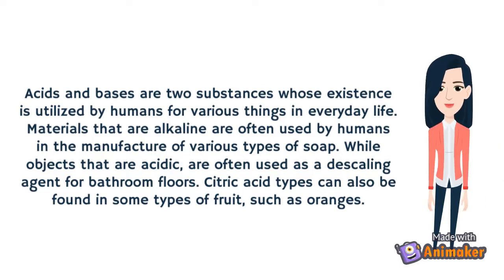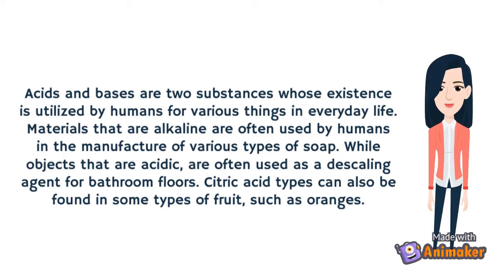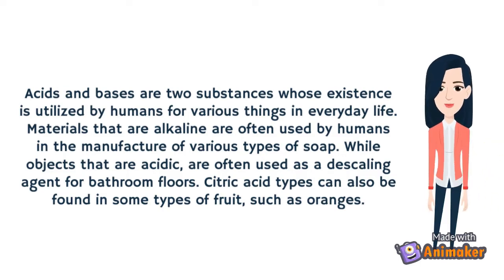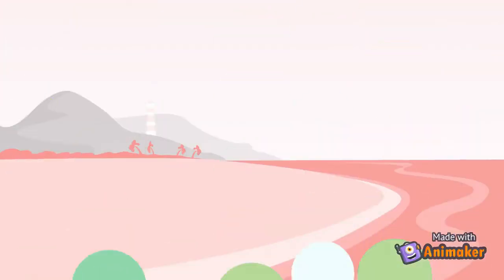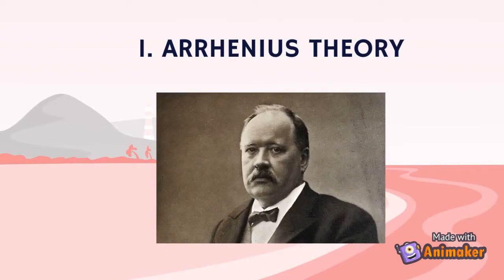Okay, here's the explanation of the theory of acid and base from Arrhenius, Lowry, and also Lewis. The first theory is from Arrhenius. The Swedish chemist Svante Arrhenius attributed the nature of acidity to hydrogen ions or H+ in 1884.